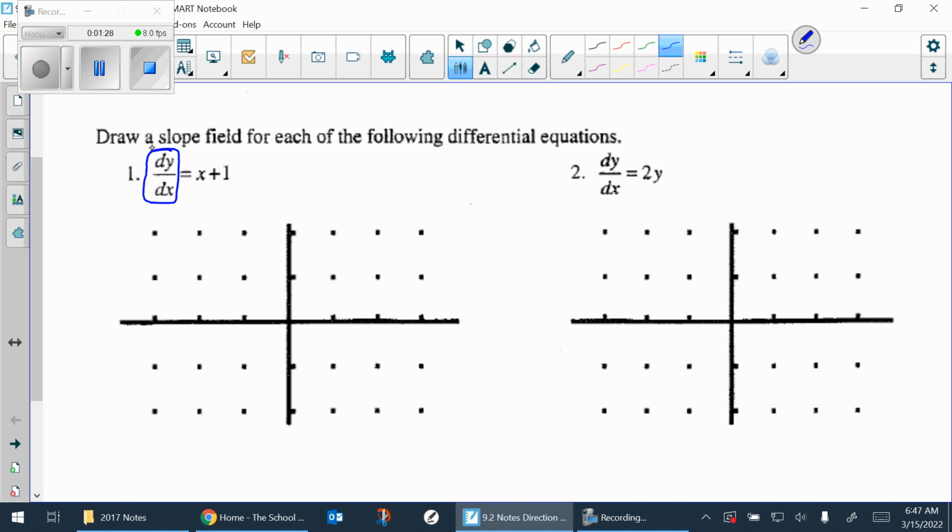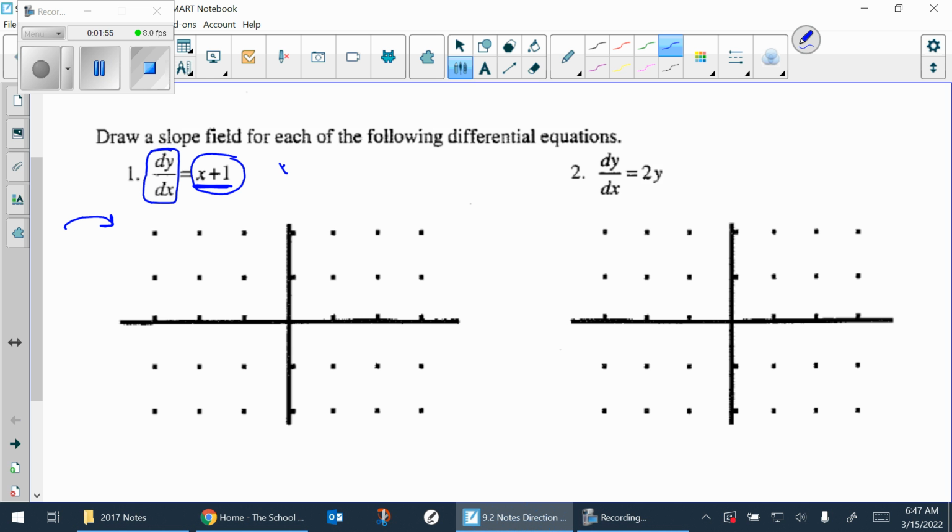The slope of this function is equal to x plus 1. And at every single one of the dots on this grid, we're going to draw what the slope of the function would look like if the function went through that point. So for example, the slope is equal to x plus 1.